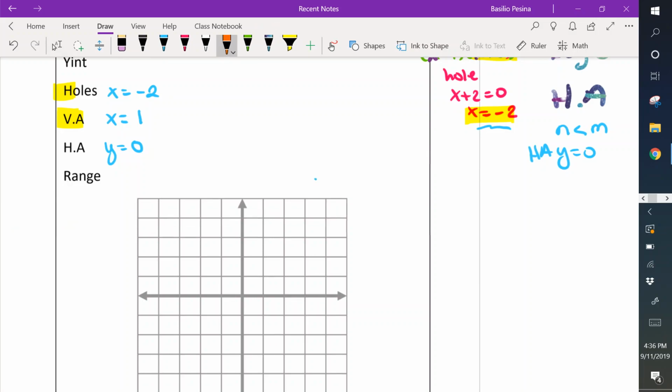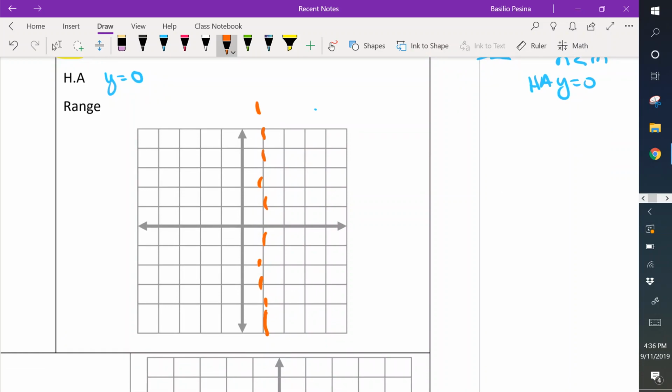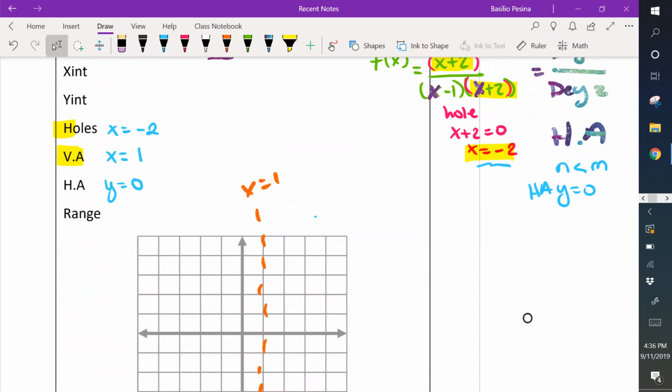Vertical asymptote at x equals 1, so that is a little dotted line right here. Now I have a horizontal asymptote at y equals 0, so that is right here. Horizontal asymptote, vertical asymptote, cool.